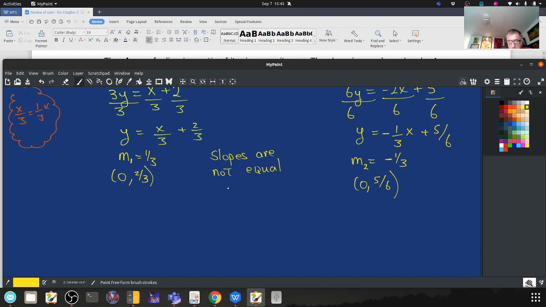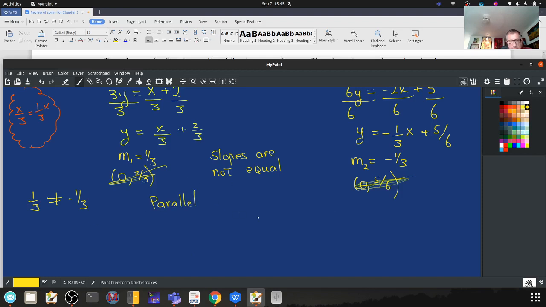As soon as we discovered that the slopes are not equal, because 1/3 is not equal to minus 1/3, we don't care anything about the y-intercept. Makes no difference.